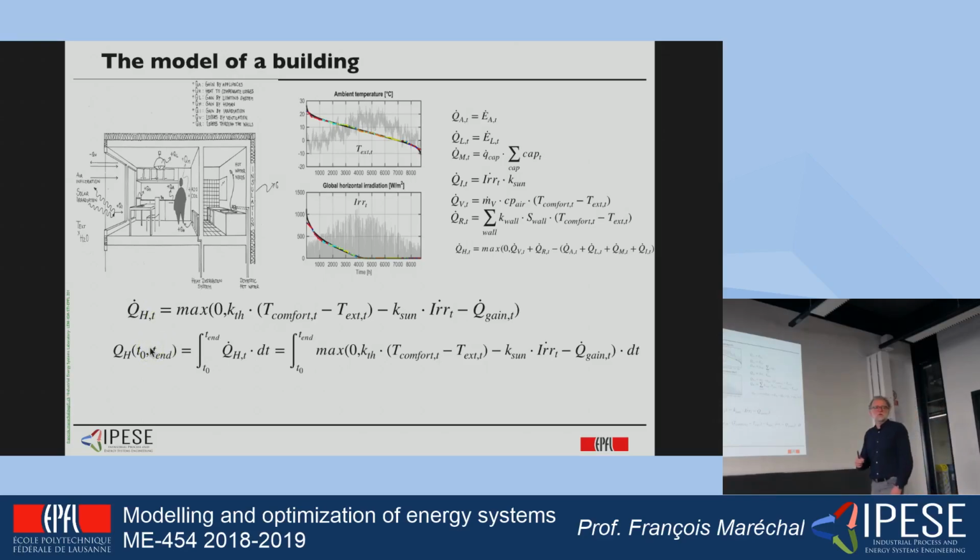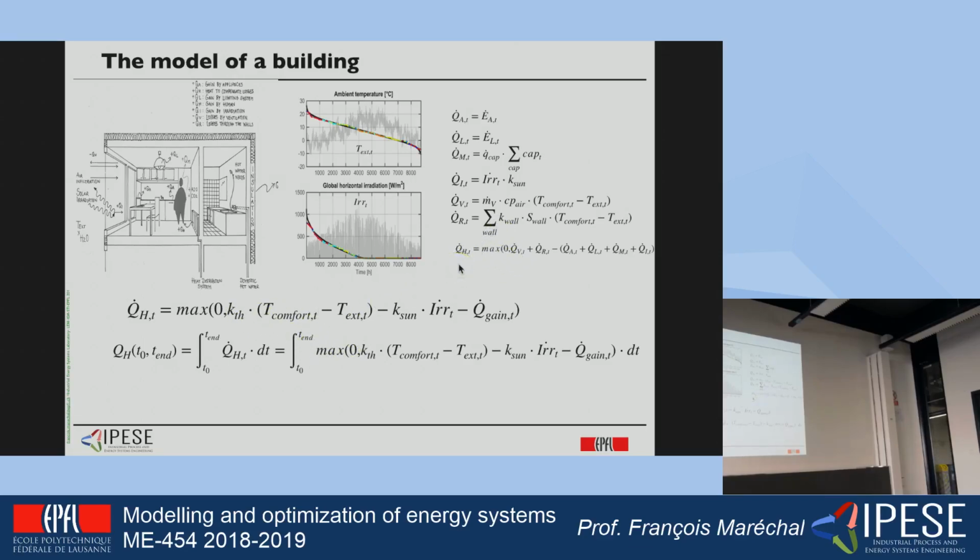So what is the amount of heat that is supplied to the building from a given time to another time? A week, a month, a year. Okay? And this is just an integral, so it means that I will have to make the integral of the amount of heat that is needed.